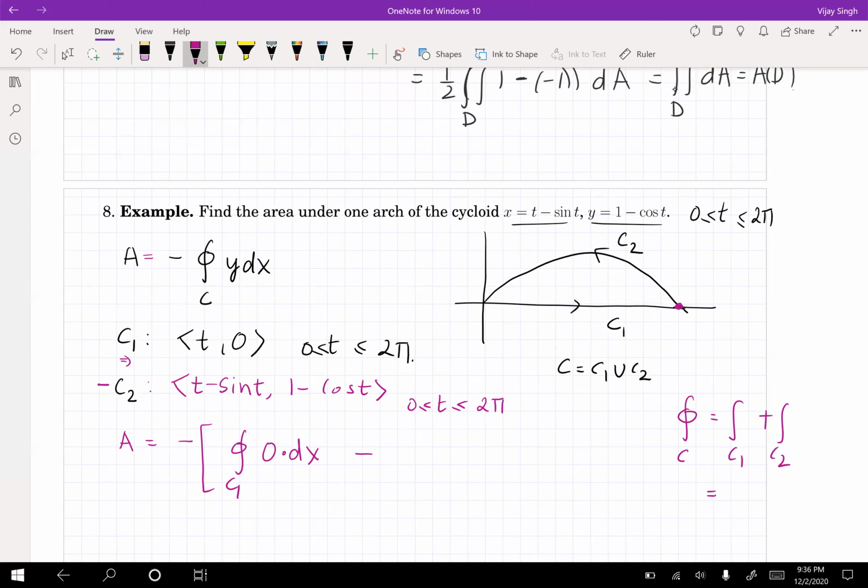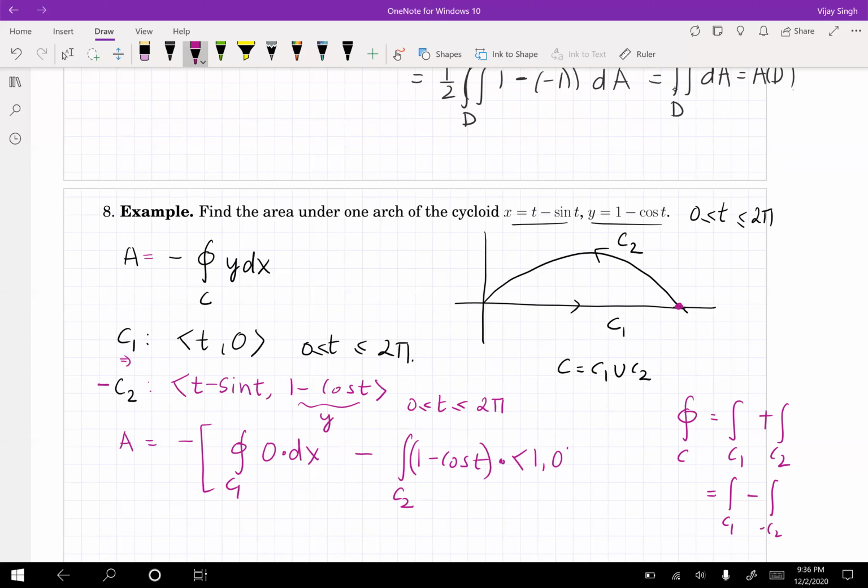But now if I use the other orientation, I get C2 with the minus sign here. So this will become minus of the integral over C2 of f dot dr. So what is my y? This is my y, so y is 1 minus cos t. And what is my dx?